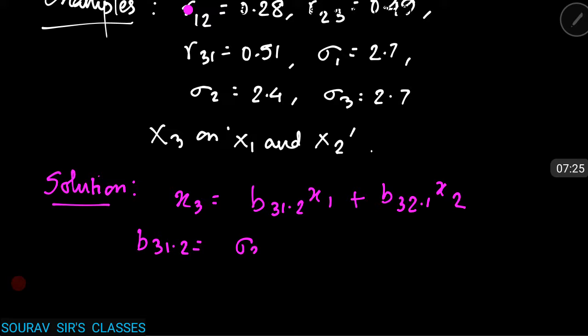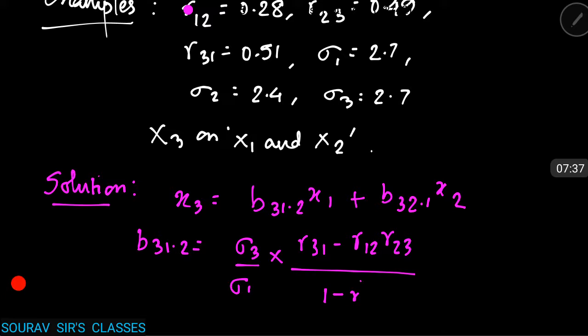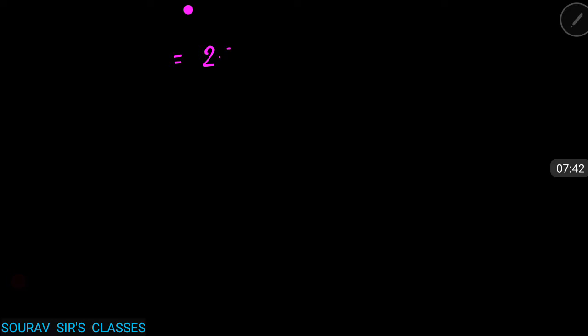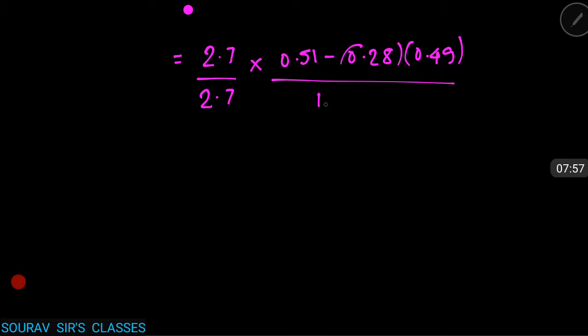b31.2 is equal to sigma 3 divided by sigma 1 into r31 minus r12 into r23 divided by 1 minus r square 12, which is equal to 2.7 divided by 2.7 into 0.51 minus 0.28 into 0.49 divided by 1 minus 0.28 whole square, which is equal to 0.405.